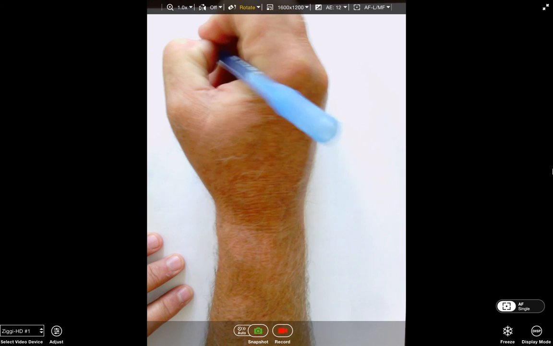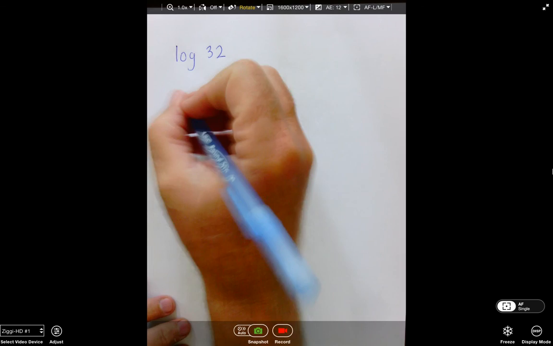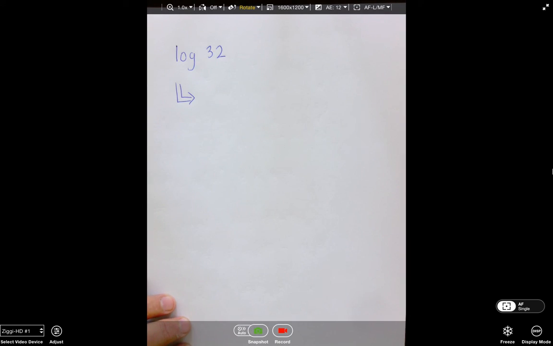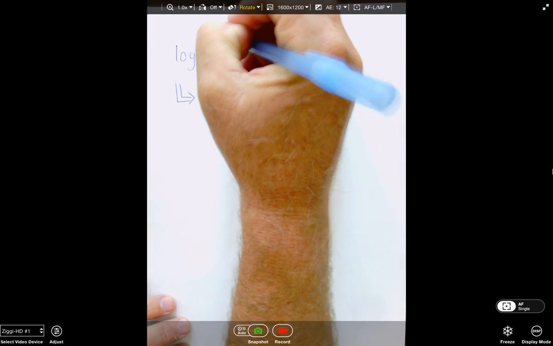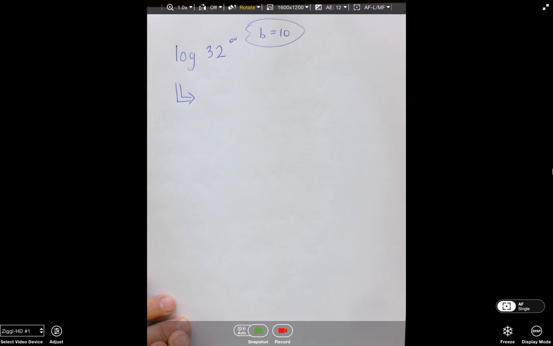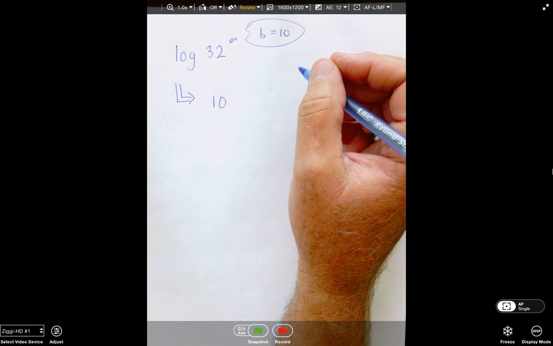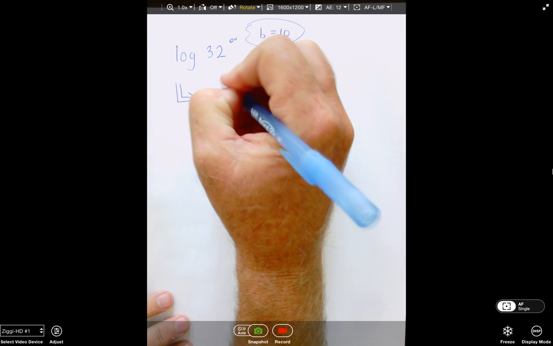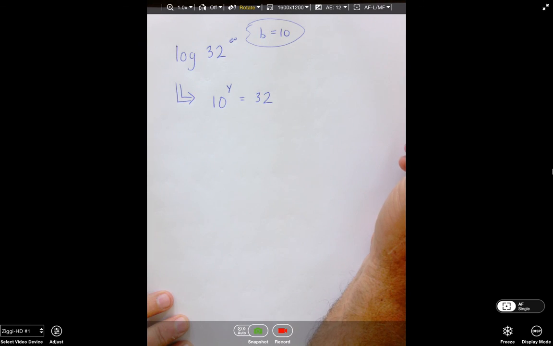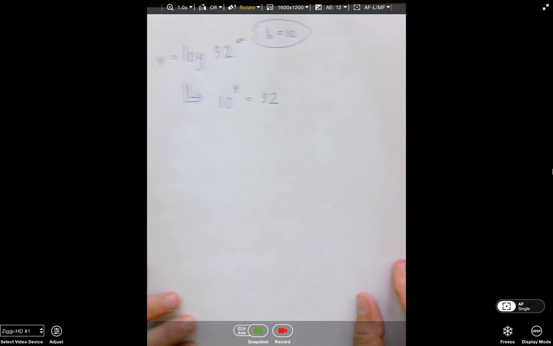So when we put in our calculator something as simple as log of 32, what is this telling us? Guys, log, think what? Base is 10. 10 raised to some power is 32. So this would be y equals log 32.